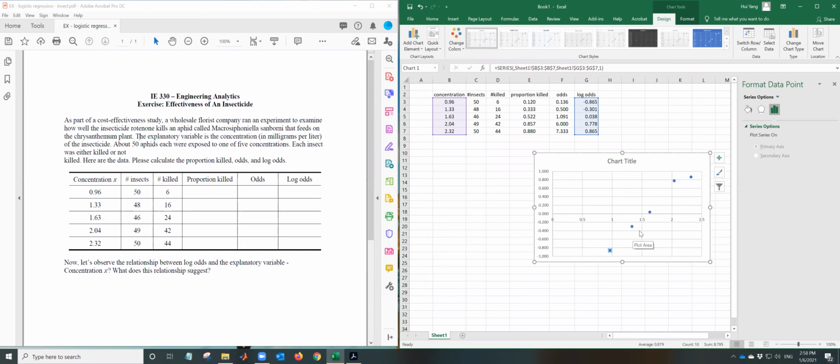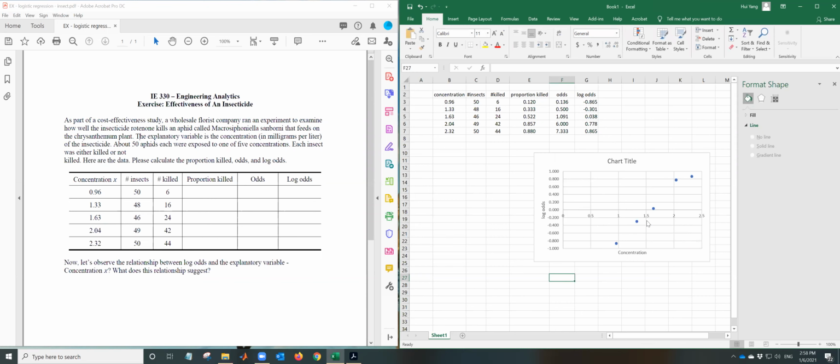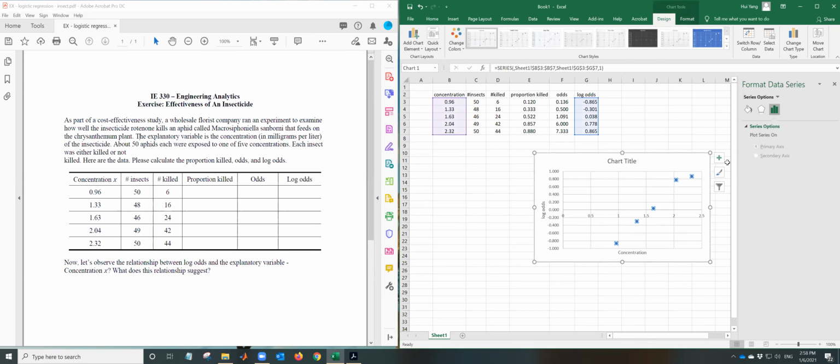X is 0.96. So let's add data labels. X is the title. So this should be concentration, and the Y should be log odds. And let's add a trend line. Yeah, this is a trend line.